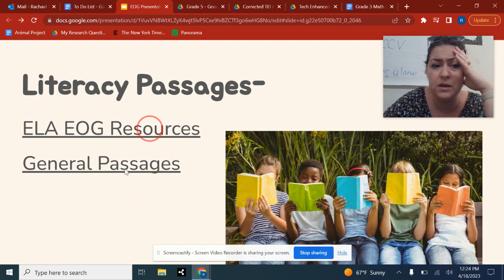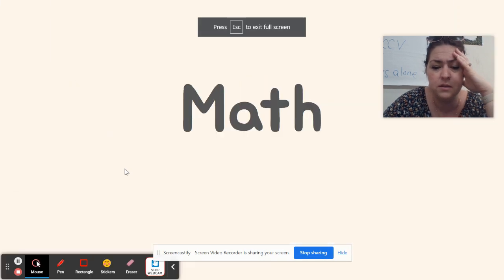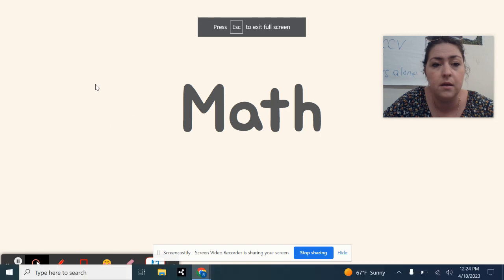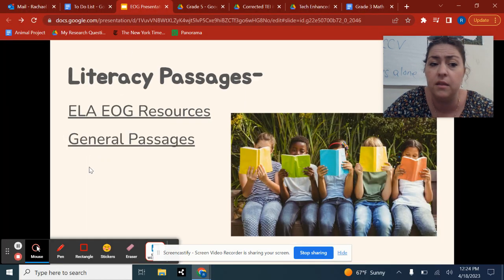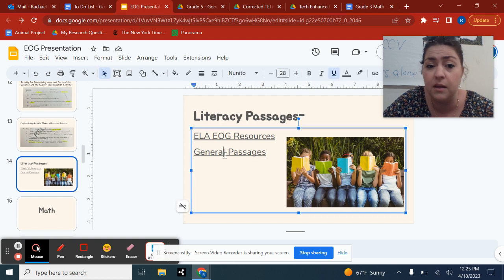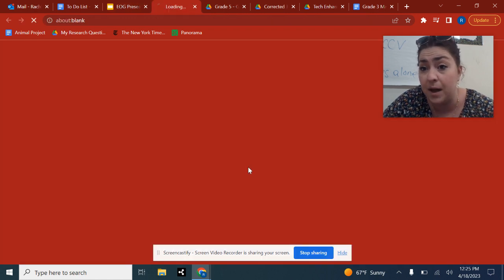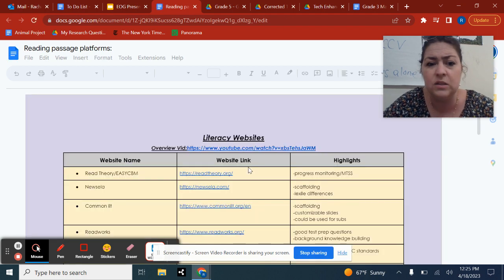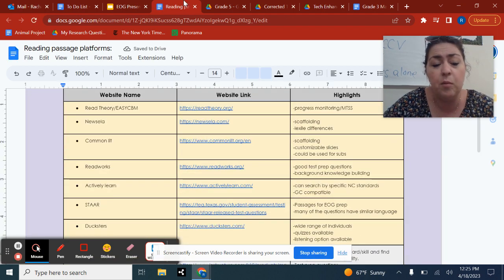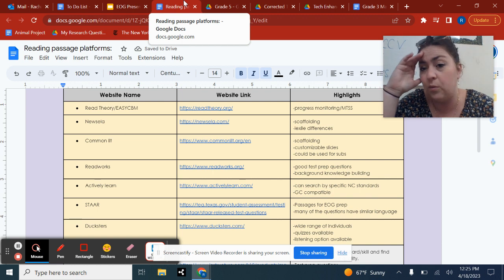And then this one is just general passages. These were sent out at the beginning of the year, and it is what it sounds like. It's just a place that you can find any passage. There's not necessarily specific questions associated with this one. So very general. But you might be saying, when would I use this?